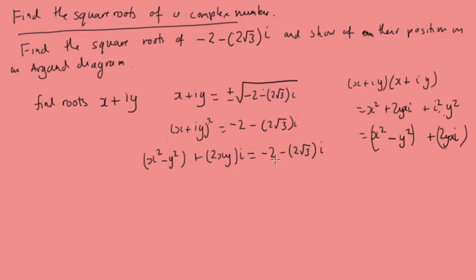But here we've got a real part and an imaginary part. So x squared minus y squared must equal -2, and 2xy must equal -2 root 3.